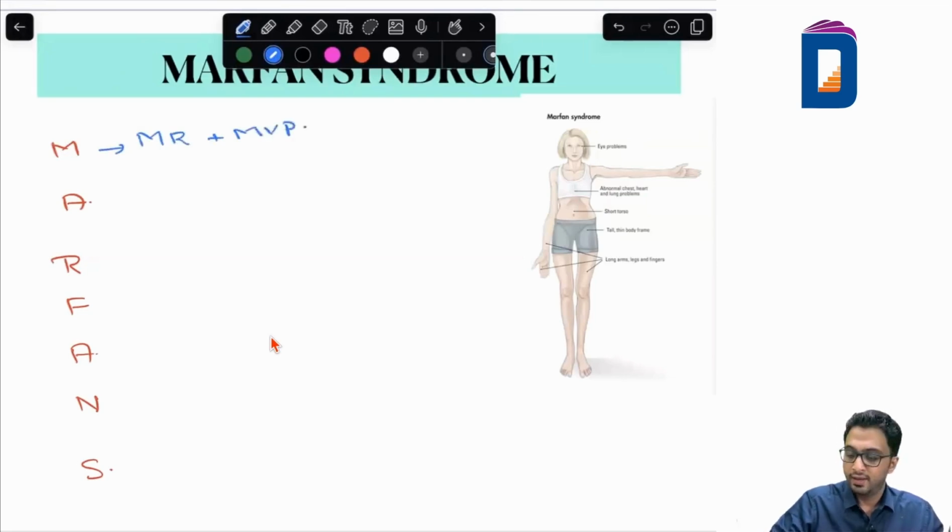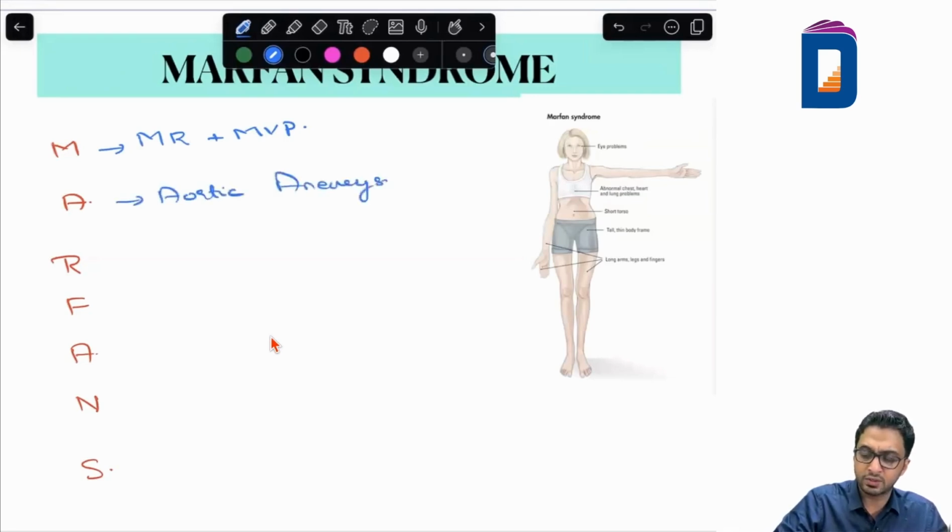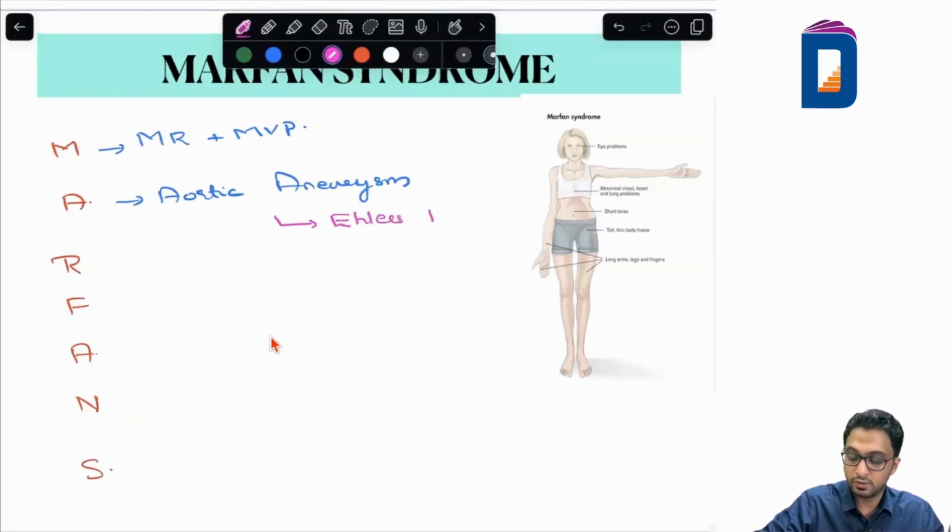A is for aortic aneurysm, which finally leads to aortic dissection, which we saw. Please note an additional point here: aortic aneurysm and dissection are also seen in Ehlers-Danlos, which is actually a problem with collagen, and in the tertiary stage of syphilis.